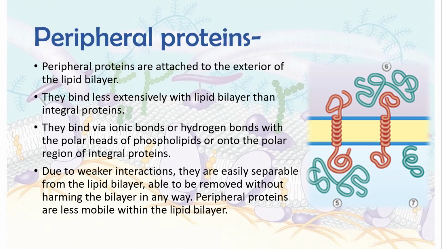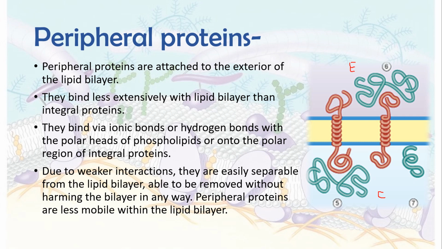So, peripheral proteins. After integral proteins that were extensively associated with the lipid layer, there are some other types of proteins whose associations are very weak. You can see over here in this diagram, this is the cytosolic phase and this is the extracellular matrix.